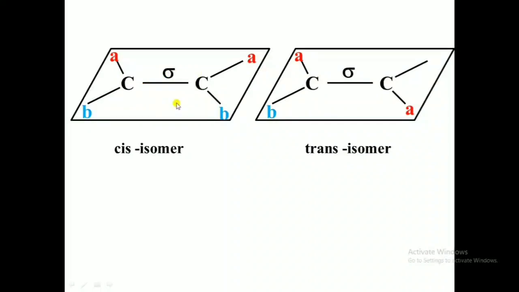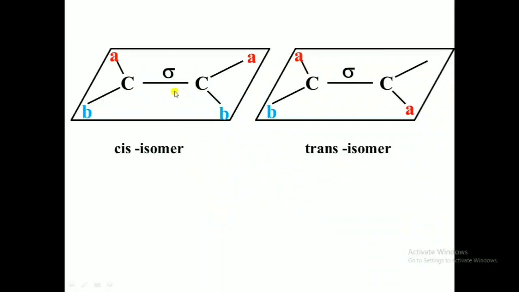You know that when a carbon forms a double bond, one of the bonds is the sigma bond, and now you can see that the atoms are arranged, and this is a cis isomer because the similar atoms or groups are arranged on the same side. So this is the cis isomer, and this is a trans isomer where the similar atoms are arranged in the opposite direction. Oh, sorry, here you have atom B or group B here. I forgot to show that.